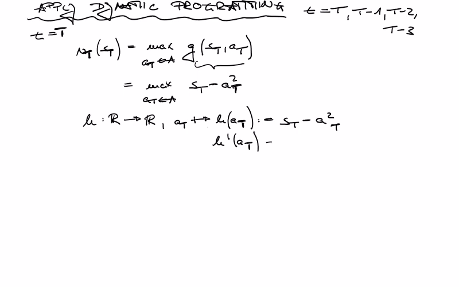So what's the derivative then? Minus 2a_t, exactly. So this is a constant, something like 3, for example, and if you compute the derivative, it goes away. And here you have a square, so a polynomial term.